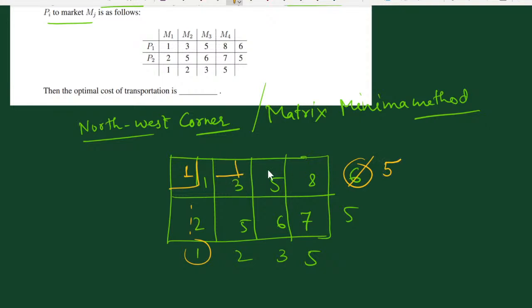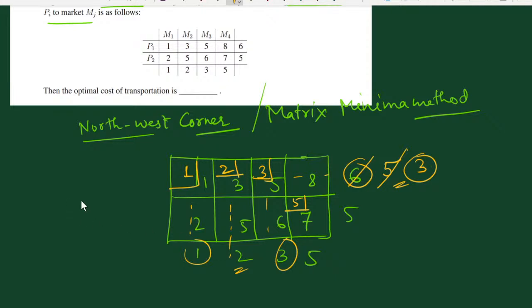The next northwest cell: the minimum of 2 and 5 is 2, so this is exhausted and 3 units remain. The next cell: the minimum of 3 and 3 is 3, so both are exhausted, and here only 5 units remain. So this is the northwest corner method.